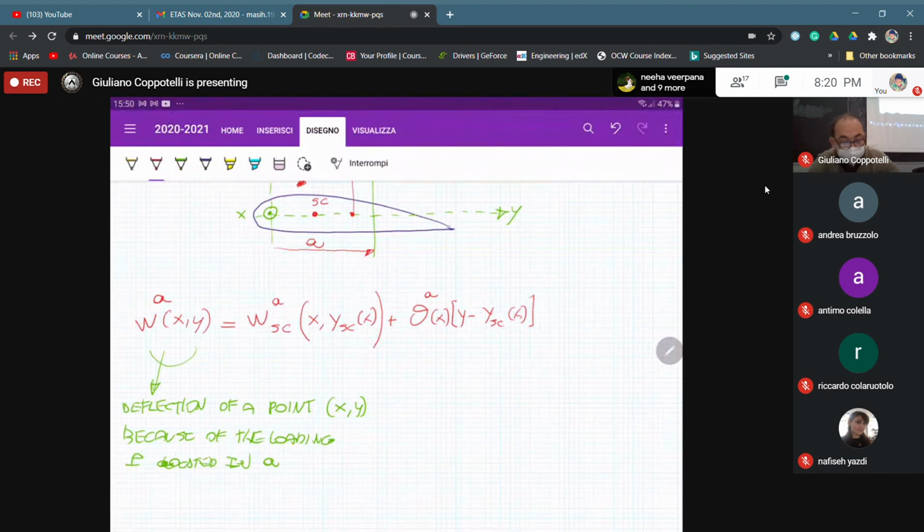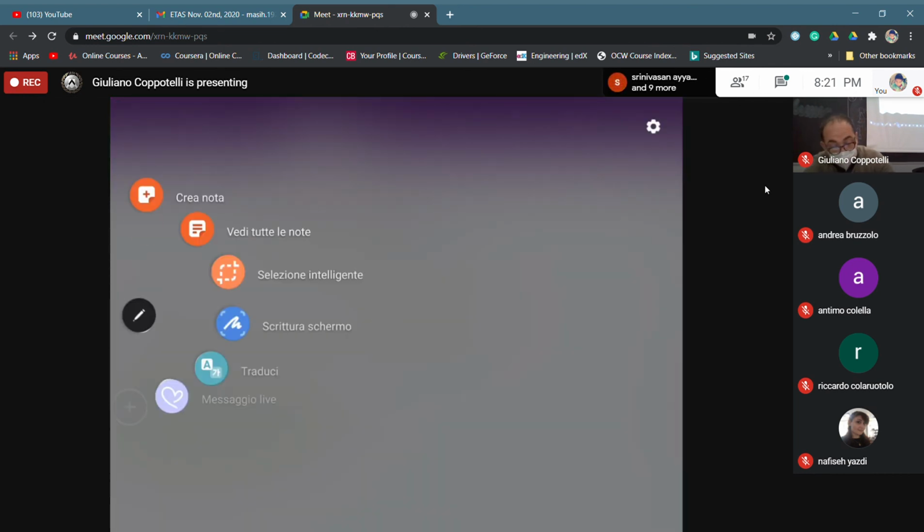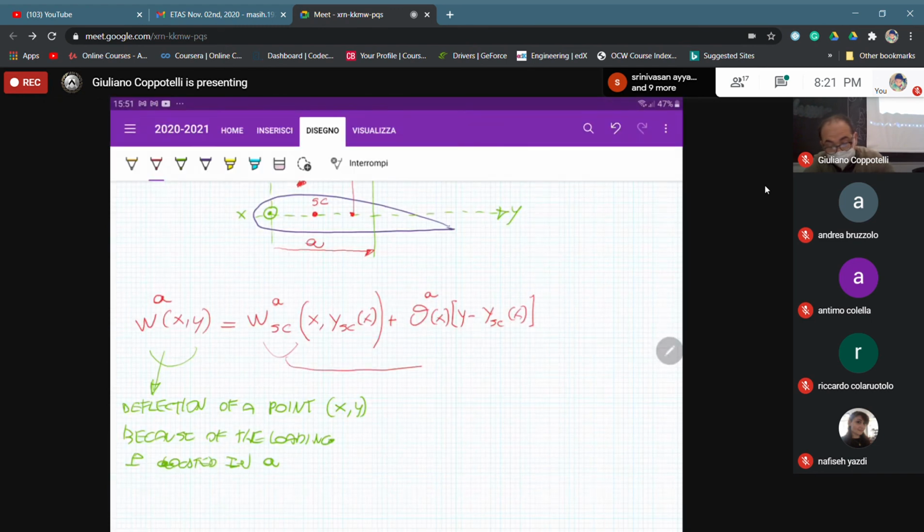Here we have the deflection of the shear center. And the last one is the rotation about the shear center.